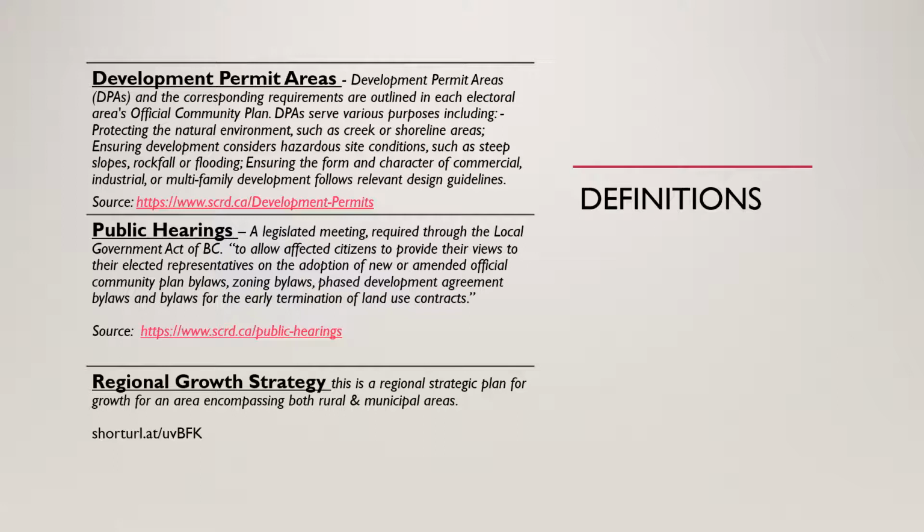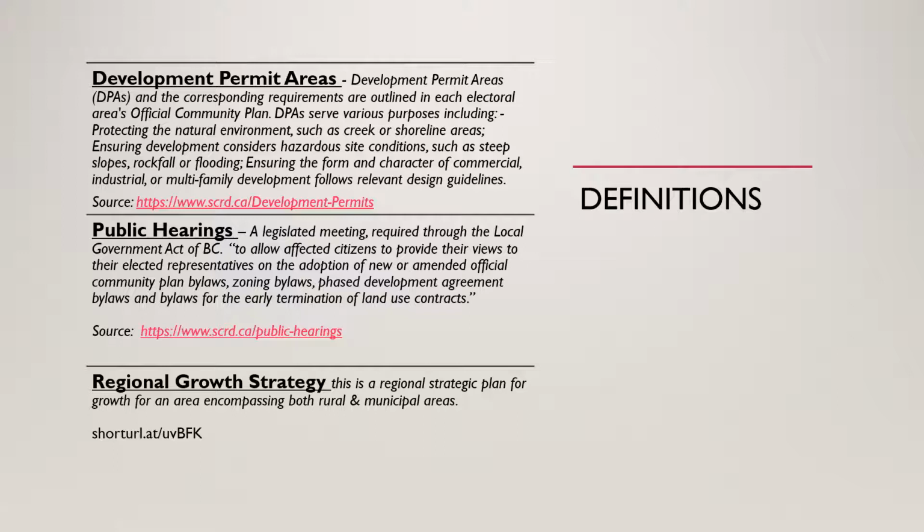Public hearings are different than a public information meeting. A public information meeting is a more casual kind of event where you have the applicant for a project answering questions and taking comments, whereas a public hearing is a very definite legislated process. We have strict guidelines on what we have to follow.